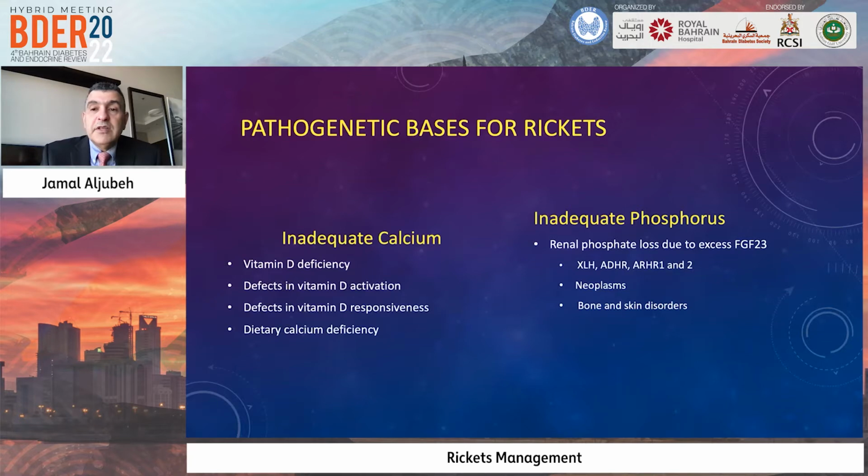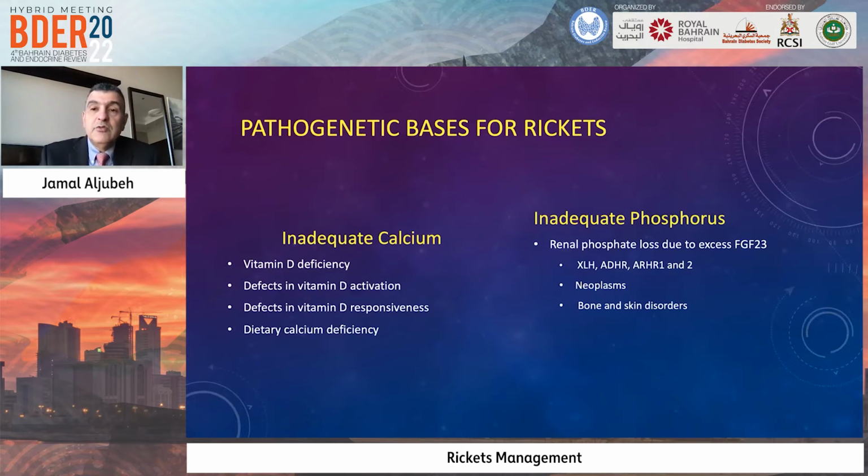So renal phosphate loss in general is the most common cause of phosphopenic rickets. It can be associated with abnormality in FGF23 or not. The ones associated with FGF23 elevation include the hereditary rickets, including X-linked hypophosphatemic rickets, autosomal dominant, autosomal recessive, and neoplasms that produce FGF23.